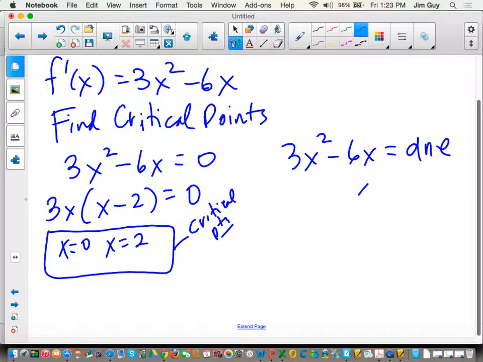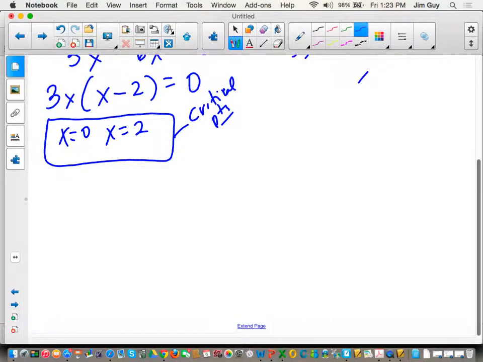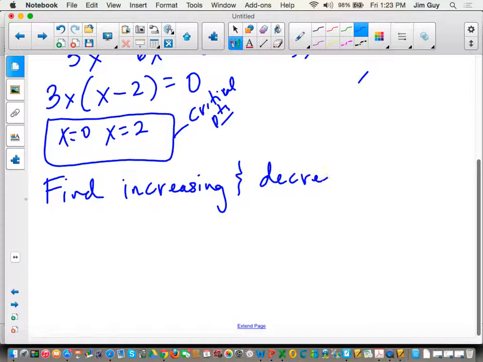All right, so they might just say, find critical points and you're done. That would be it. That would be nice. They might say, find where it's increasing and decreasing. So now I'm going to take the work I just did to get the critical points and use that to be able to figure out where the derivative is positive or negative.